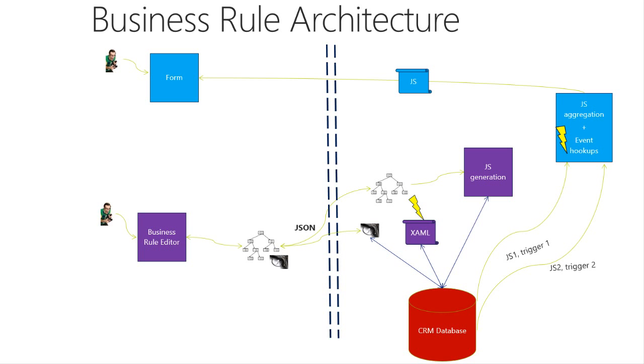So when it's time to determine which business rules need to be executed, we will call into the SDK messages and query the trigger tables. And also note that everything is written in JavaScript for execution, so there is no transformation that needs to be done at that time.